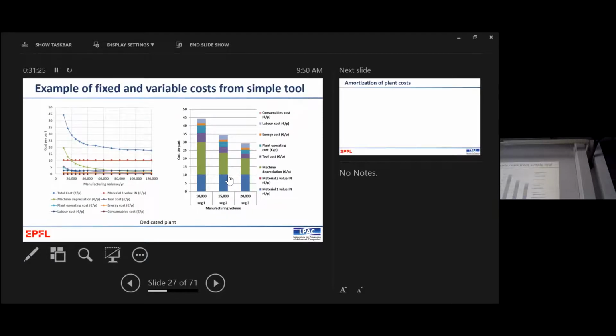Now, the cost model, which Professor Michaud was going to show later, can give this kind of output. You can start to see some fixed and variable costs in here. Your material value here is constant, whereas your machines are being depreciated, assuming they're dedicated, and so is your tooling, so they're varying with volume. Your energy is constant with volume. Your labor is assumed constant with volume.